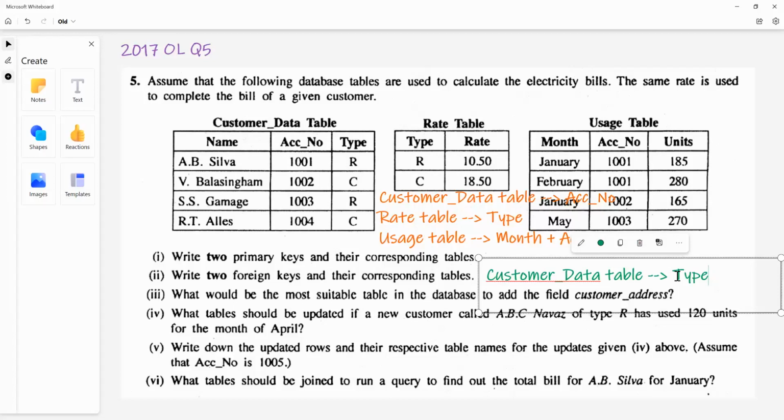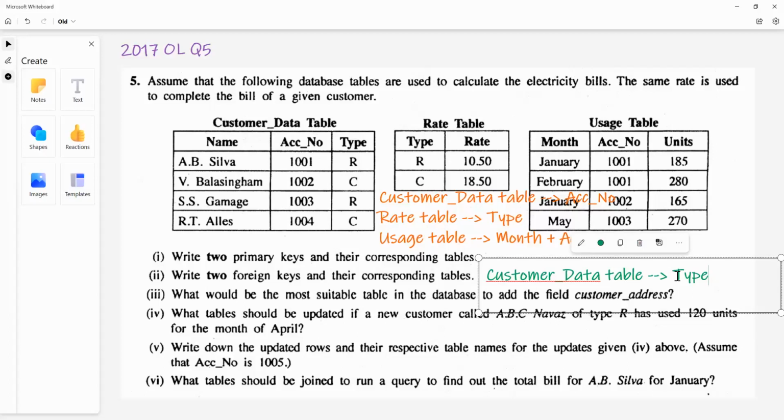Yes. So the usage table connects account number with account number in the customer data table. And are we going to connect the customer table primary key?